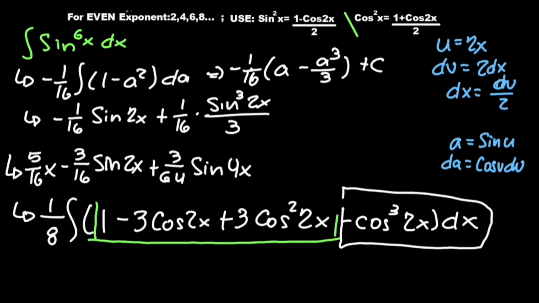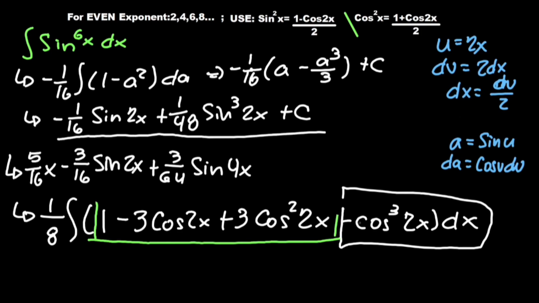And so 16 times 3 would be equal to 48. So this would be 1/48 sine cube of 2x plus c. And so this will be the final answer regarding this expression.